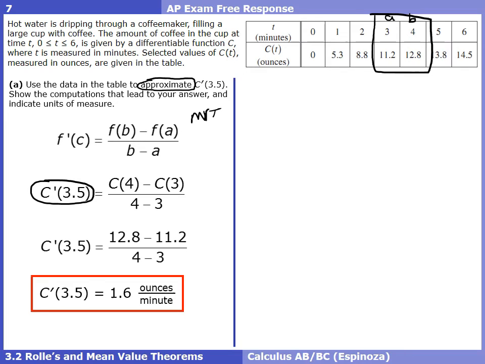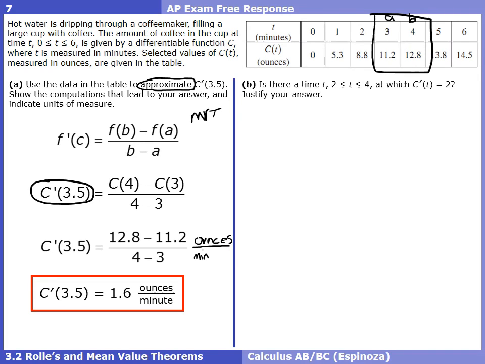The 12.8 minus 11.2 had units of ounces. The 4 minus the 3 in the bottom had units of minutes. So of course our final answer will have units of ounces per minute.